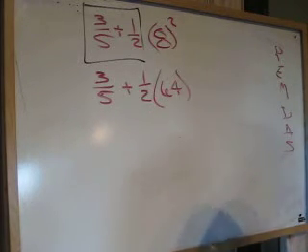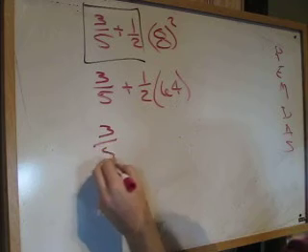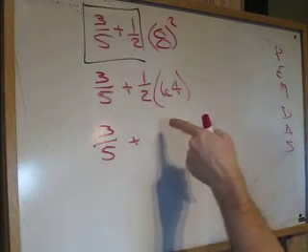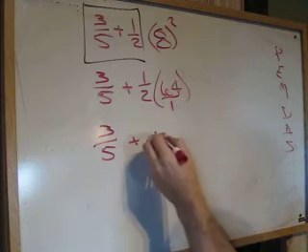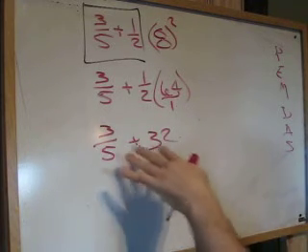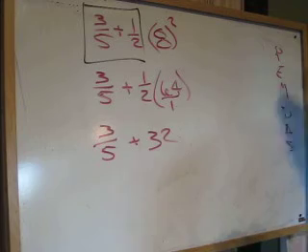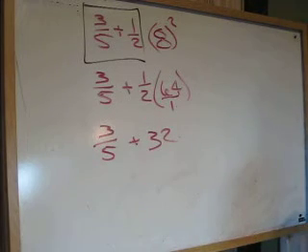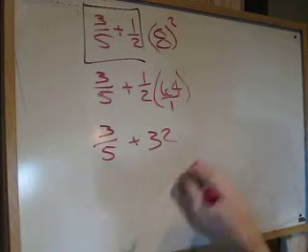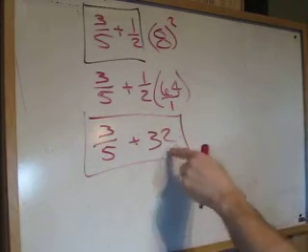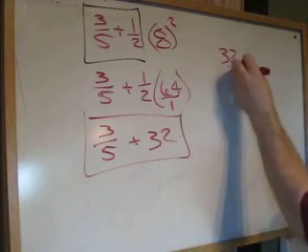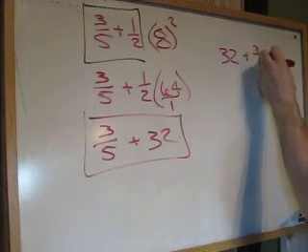Alright, so I've got the 64. 3/5. 1/2 times 64 is the same as 64 over 2, or half of 64, which is 32. Now I'm going to add these two together. When I add those two together, I got to find common denominator, or because they're written as a plus and one of them is a whole number, I can switch them around the other way and put the whole number first.